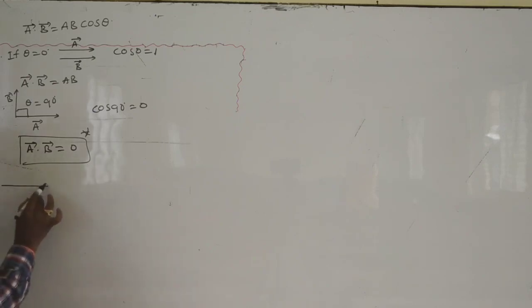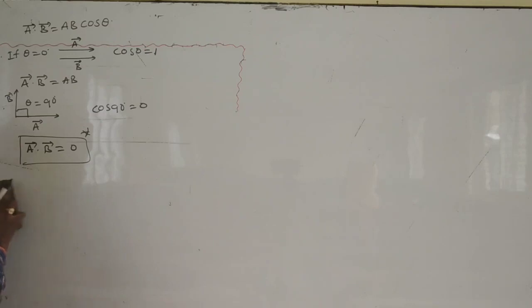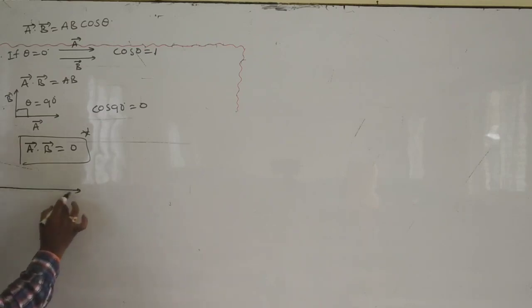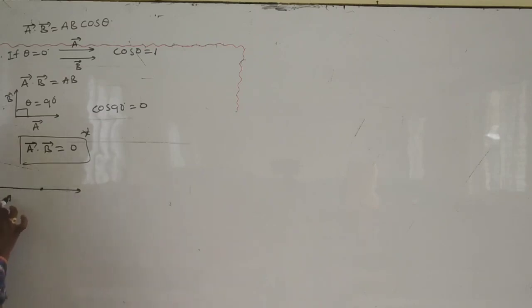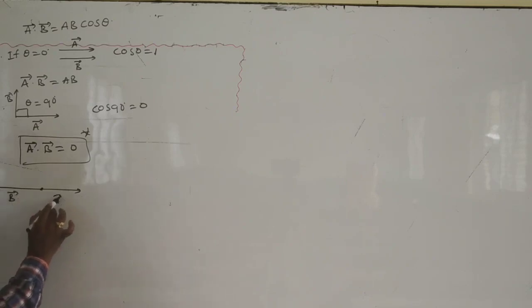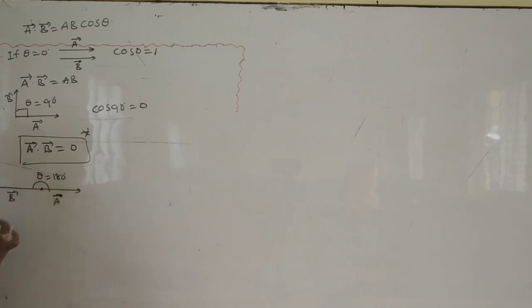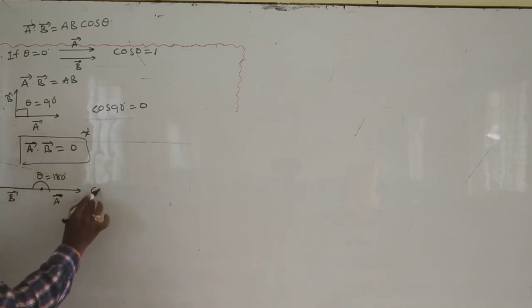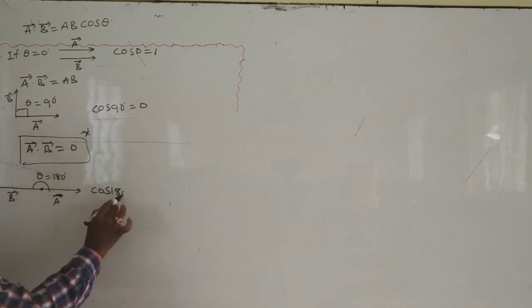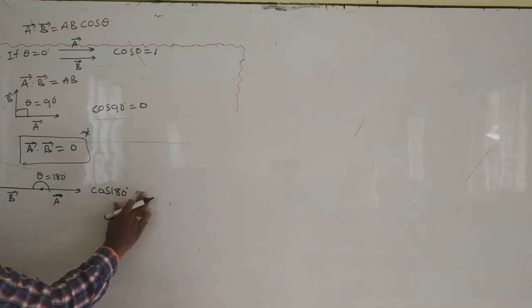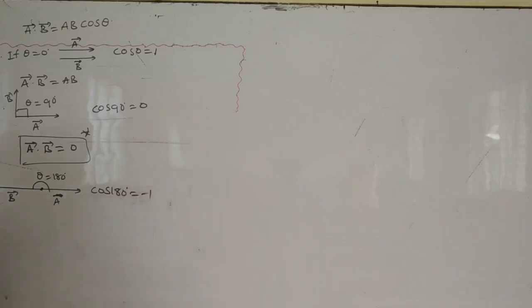Next, fifth, if two vectors are anti-parallel, so what is the angle between them? Theta equals 180 degrees. So what is the cos 180? Cos 180 is minus 1.